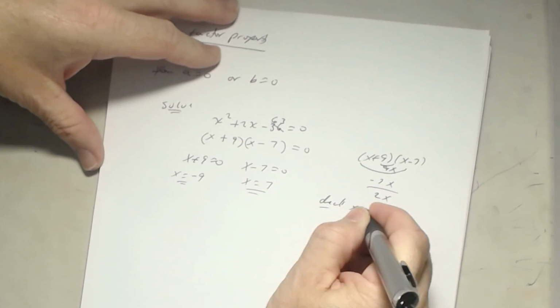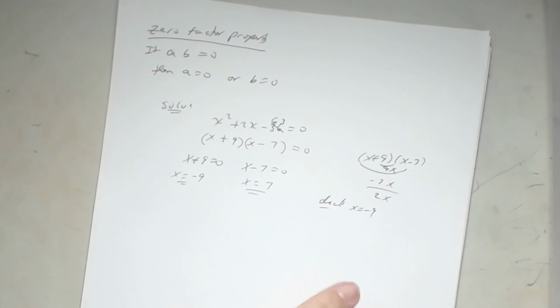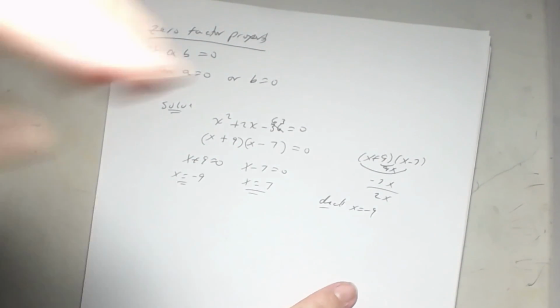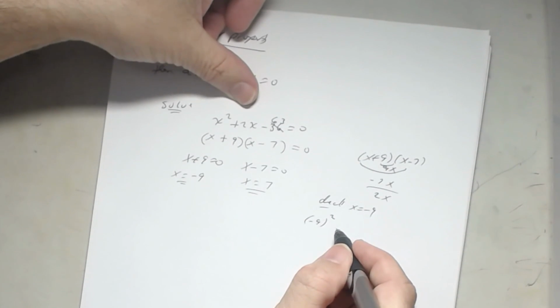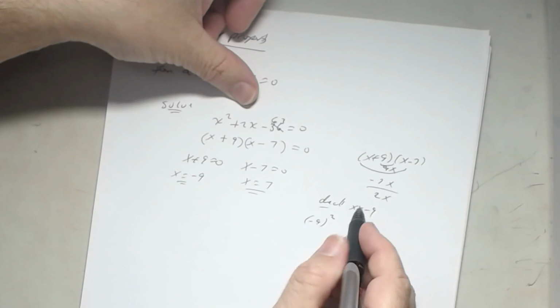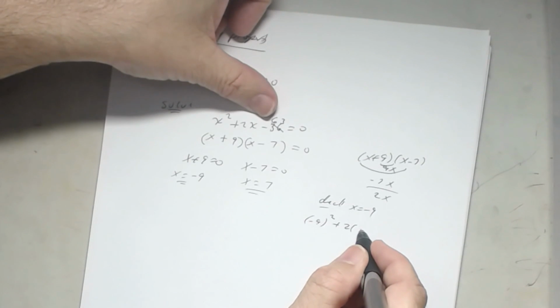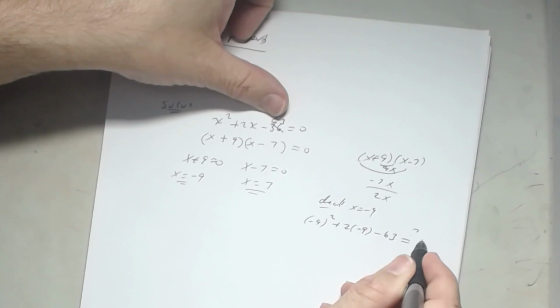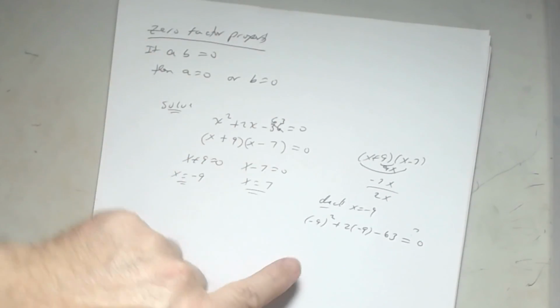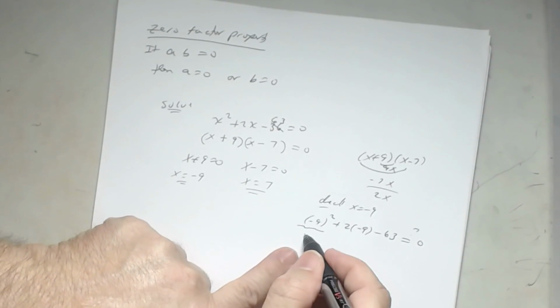Wherever we see the variable x, what do I plug in? Negative 9. So I get negative 9 squared, and notice I have negative 9 in parentheses, plus 2 times x, minus 63, and I want to see if that's going to equal 0. What's negative 9 squared? 81.